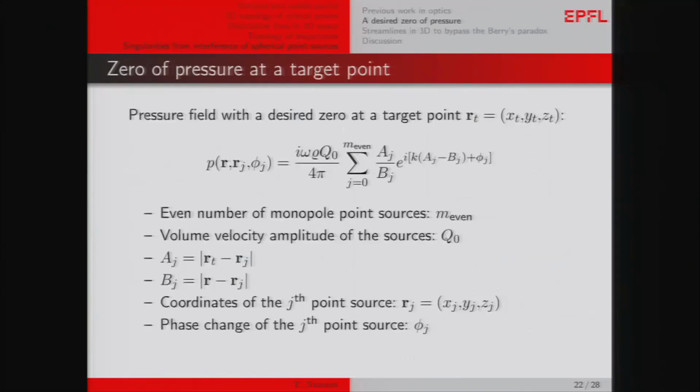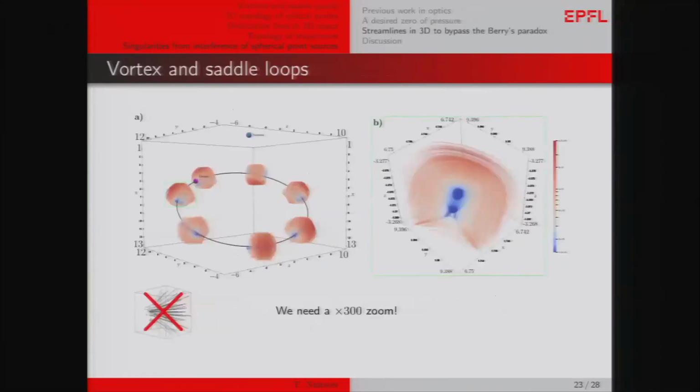For example, if you have 4 monopoles, 2 monopoles with phase 0 and then 2 monopoles of phase pi, then you'll be able to define 1 point, 1 coordinate, which is the target xt, yt, zt. And at this point, this equation will annihilate and go to 0. This is what is stated in this equation, and this is what we do in the laser. By doing this, we find those fancy curves. Okay, let me explain what it means.